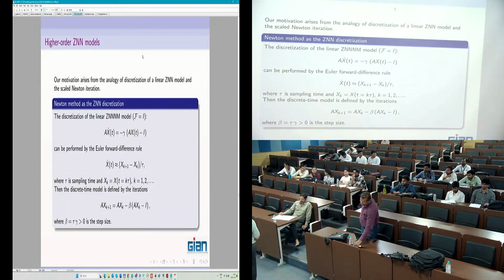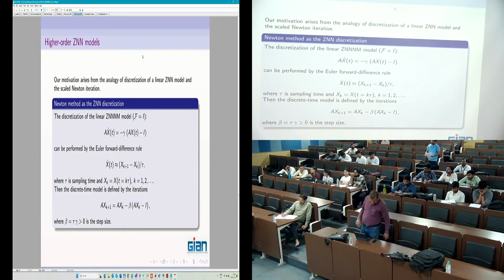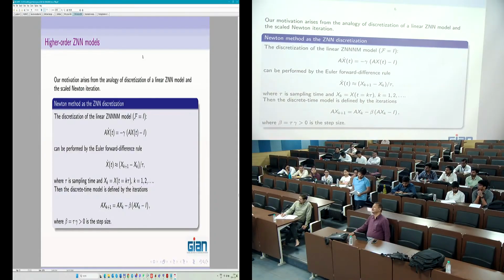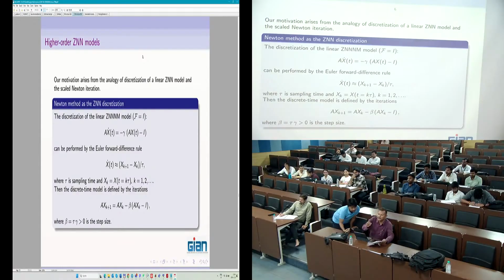Now we will continue with several modifications of the ZNN. This day will be aimed at many modifications. It can be aimed only at modifications of ZNN models, for example, and then we can explain in detail.